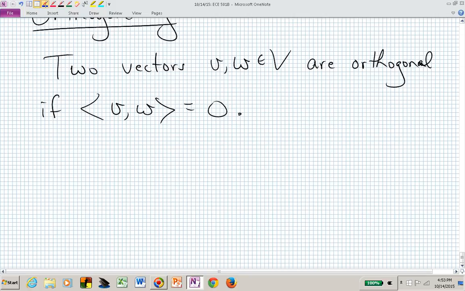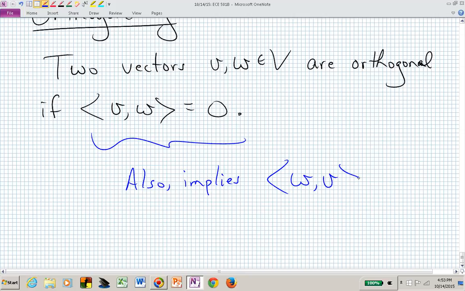Now, if we have two vectors being orthogonal, does it matter which slot those vectors are in? No. So this fact also implies that the inner product of W and V is also 0.